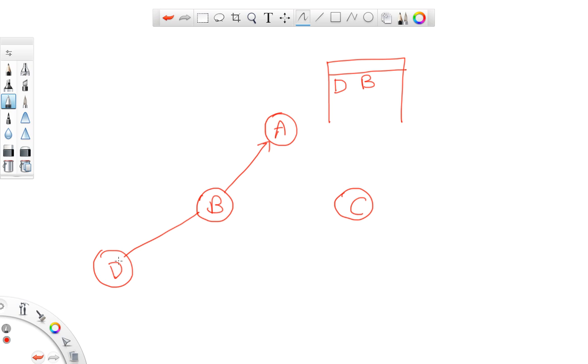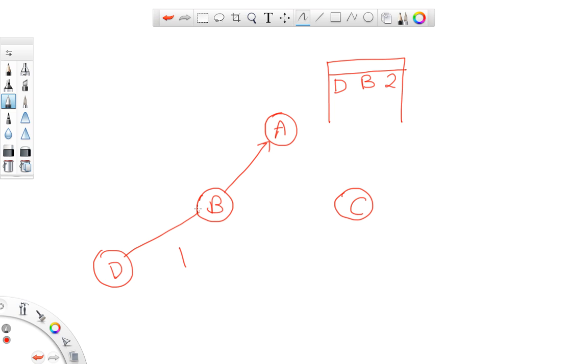So A comes to know about D from B. So when A receives the packet from B, it will put the destination D, and because it has received it from B, it will put the next router value as B, and in B's case, the number of hops from B to D is 1. So what A will do is it will increment it to 2. Okay? So this is how it will update.